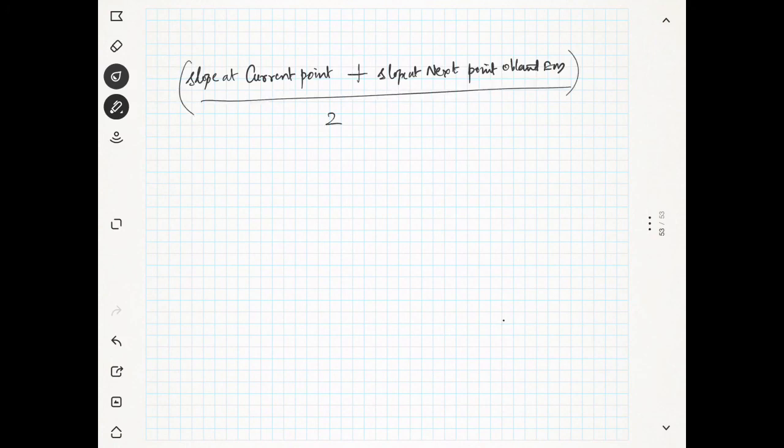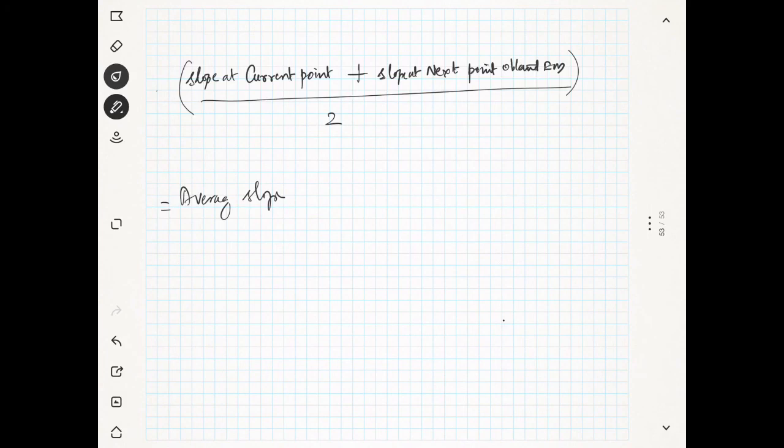So by using the current point and the next point, you will calculate the average slope. You will use the slope at the next point and also the slope at the current point. After that, you will add them and divide by 2. This is nothing but your average slope, and by using this average slope you will update.